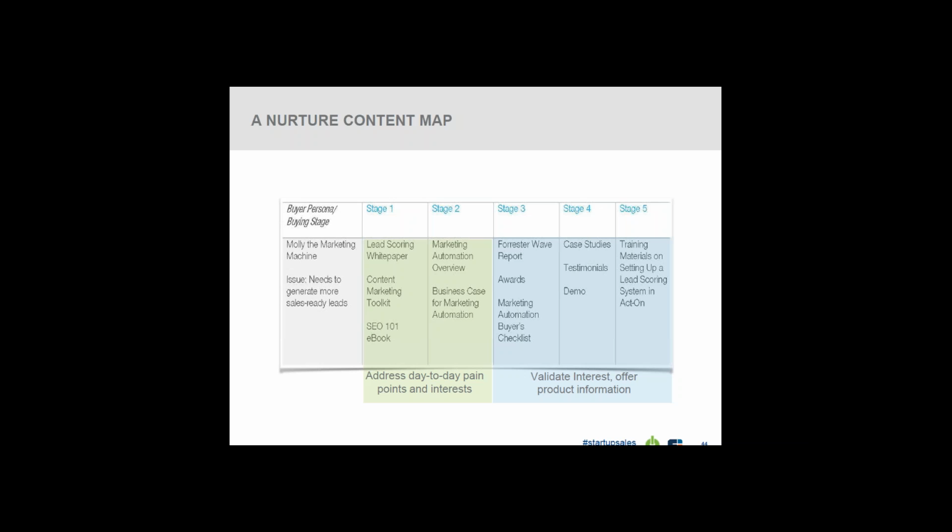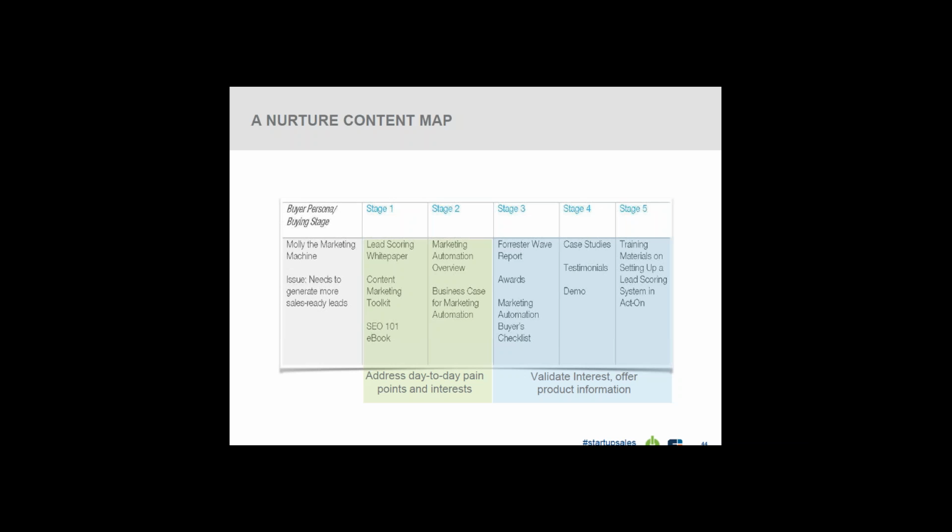And you'll notice in stage 1 and stage 2, the content is really aligned around addressing the day-to-day pain points and interests. So as I mentioned before, early funnel, top of funnel stage content, it's what are the challenges and what are some broad ways that people can solve these challenges.